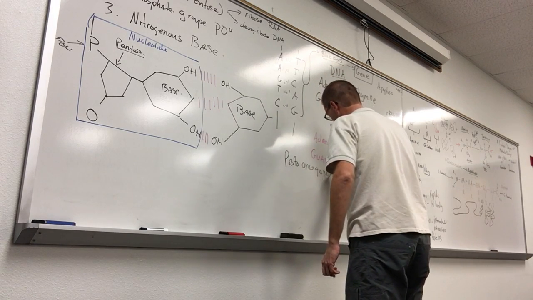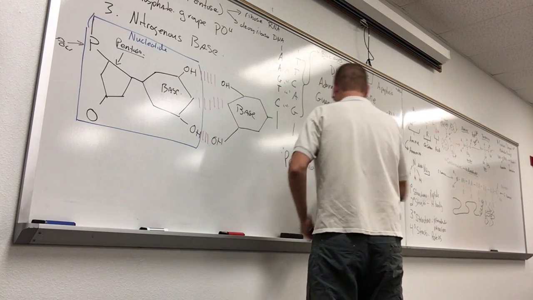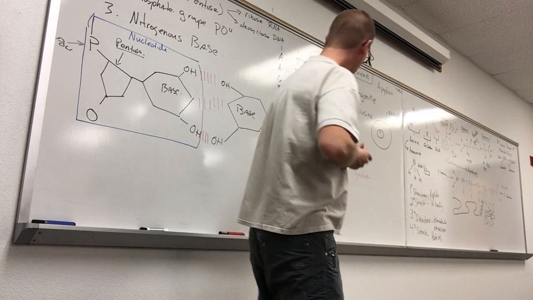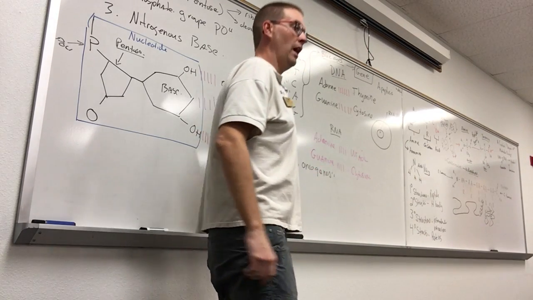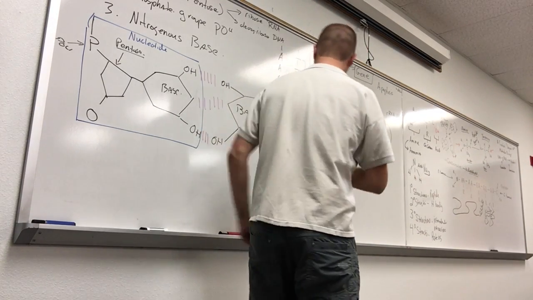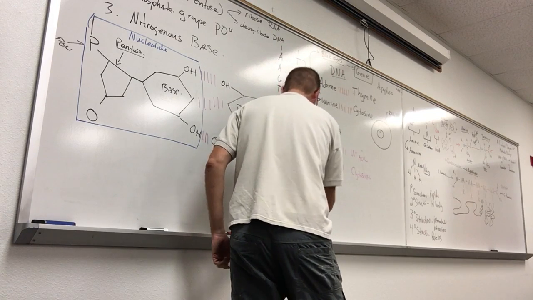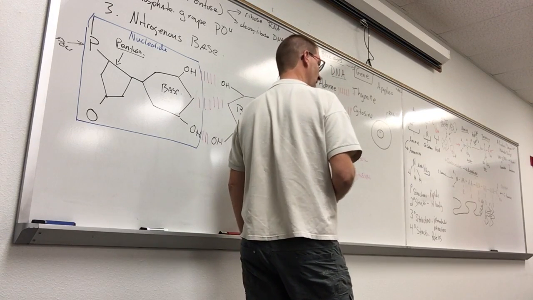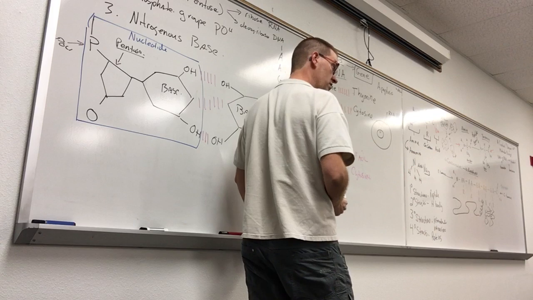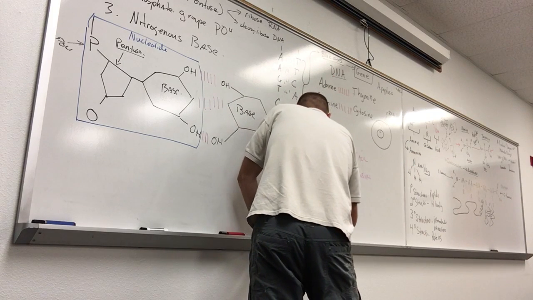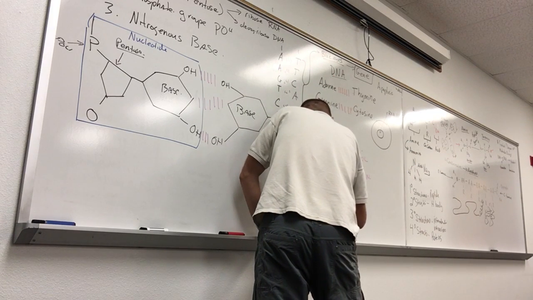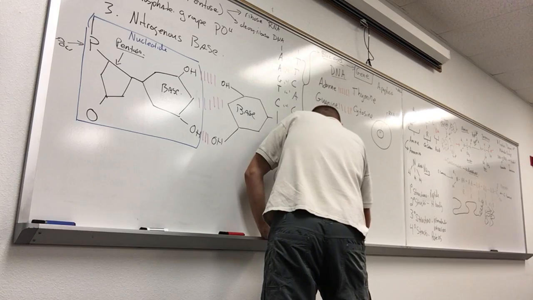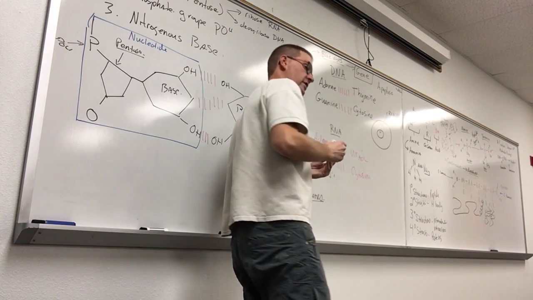What happens is these genes can get turned on, and when these genes get turned on and they start activating and producing proteins, they become oncogenes. And these are genes that can produce cancer.